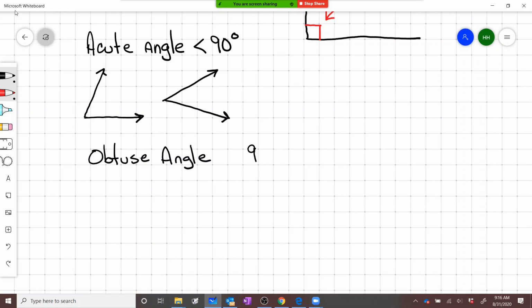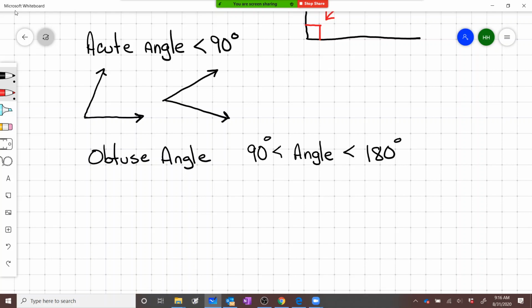So we're going to say 90 is less than the angle, and the angle is less than 180 in degrees.